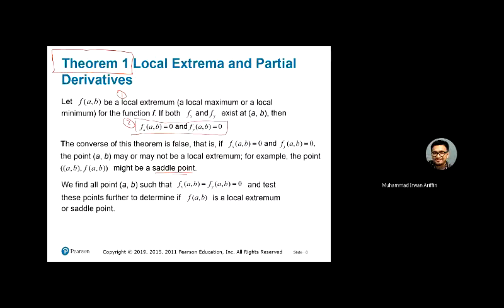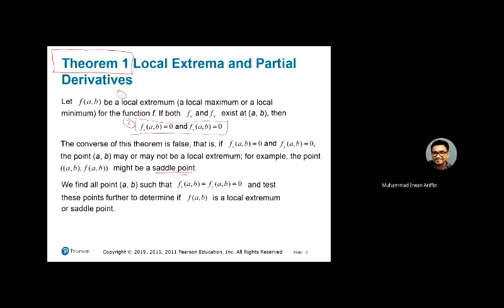So we need to find all points. If we are asked to find the local maximum or local minimum, the first thing that we need to do is to locate the point A, B such that the slopes of the tangent lines are 0. And then we need to test whether these points are local maximum, local minimum, or a saddle point.